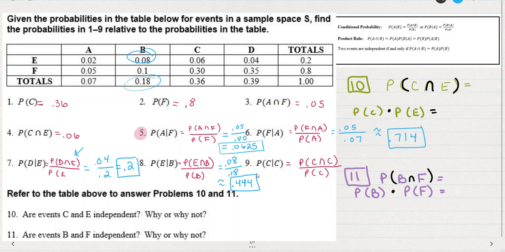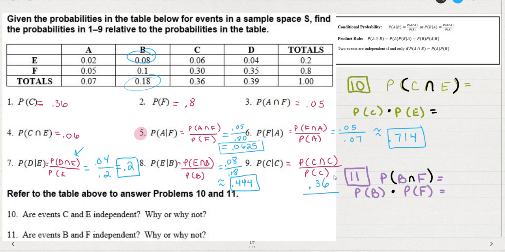And then this is an interesting one. What's the probability of C, given that C has already occurred? Well, that's just going to be a 1, right? But let's work out the formula just so you can see it. What's the probability of C happening and C happening? The probability of C and C is going to be 0.36.